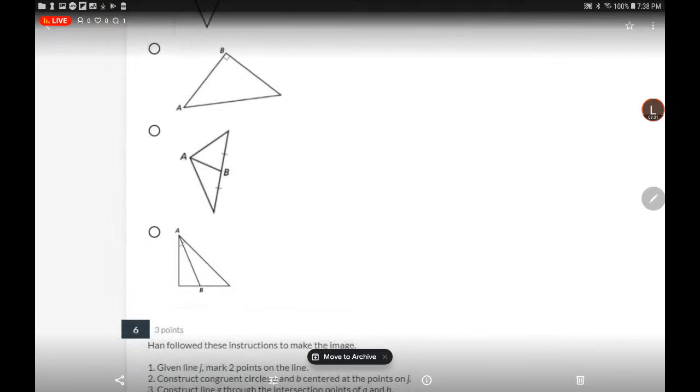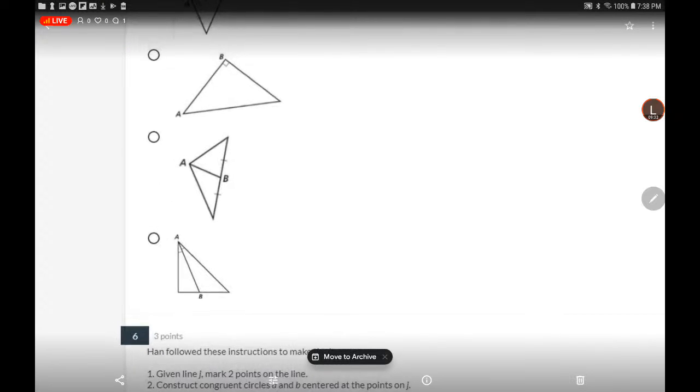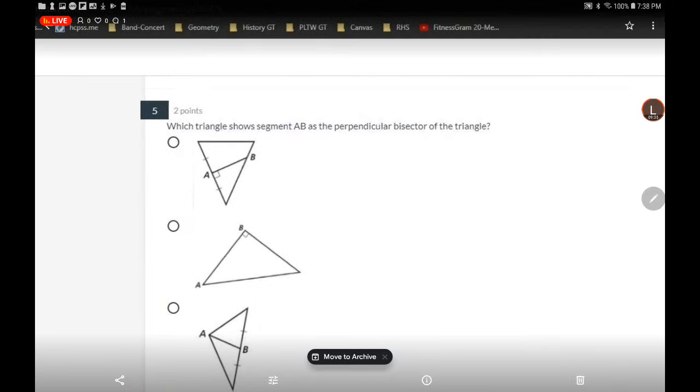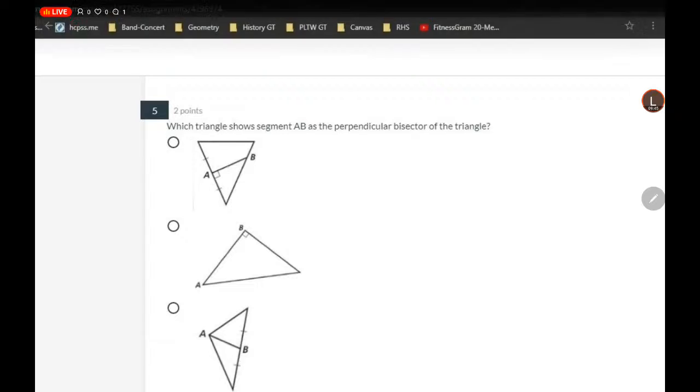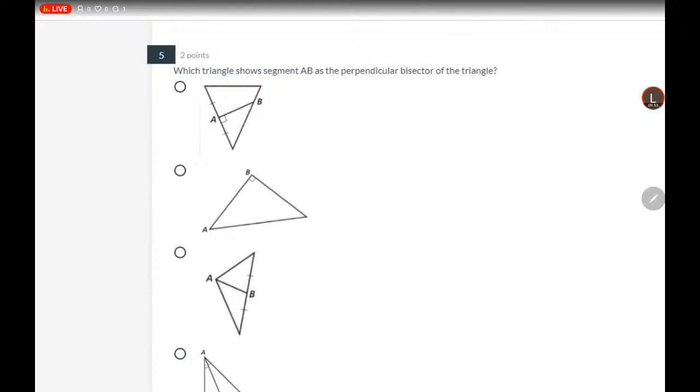So, I mean, if one of those is right, it has to be A. A is the only one that's a perpendicular bisector of anything. I don't know what that means, of the triangle, but it's certainly of one side of the triangle. It's the perpendicular bisector of that one side of the triangle, because you can see it makes a right angle with that side and it cuts it in half. So if you got to choose one of those, it's the first one.